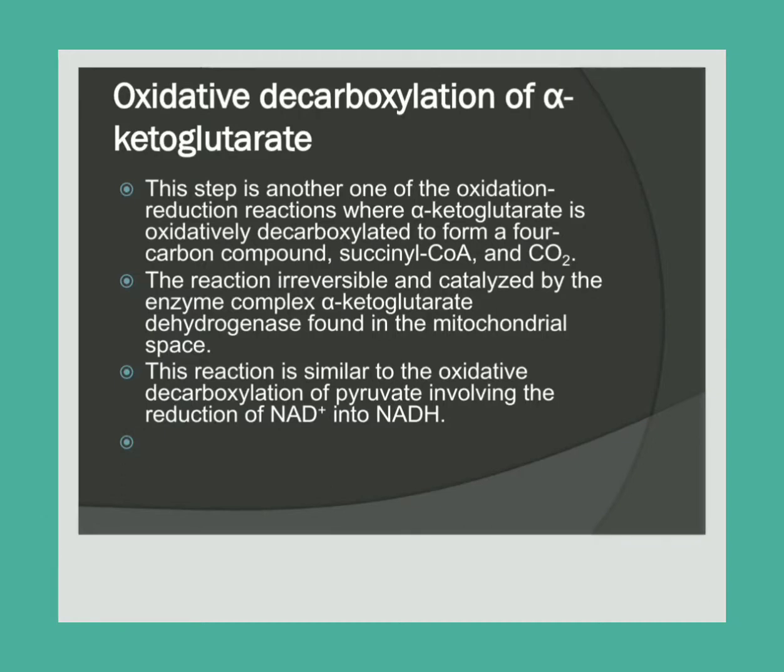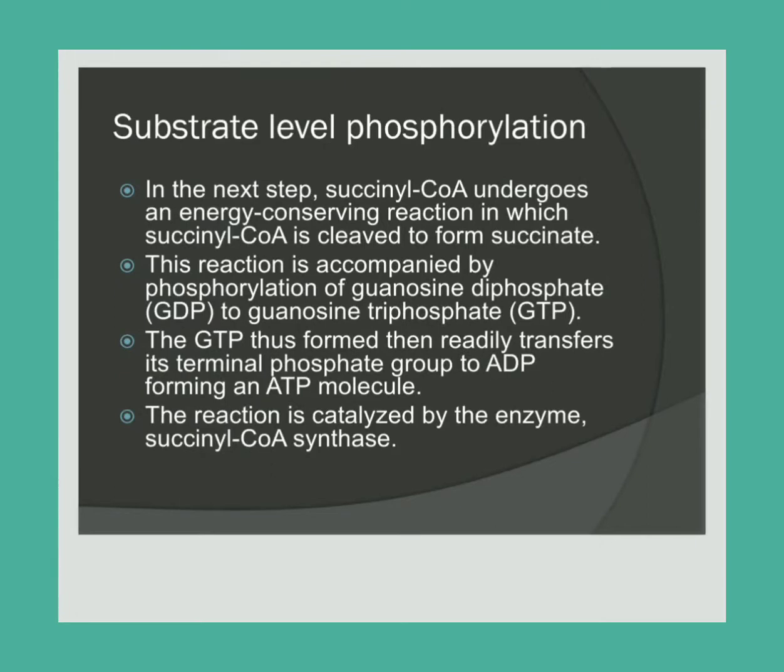The reaction is irreversible and catalyzed by the enzyme alpha ketoglutarate dehydrogenase. It is found in the mitochondrial matrix. This reaction is similar to the oxidative decarboxylation of pyruvate, involving the reduction of NAD plus into NADH. So here CoA addition is taking place, carbon dioxide removal, and also product formation.